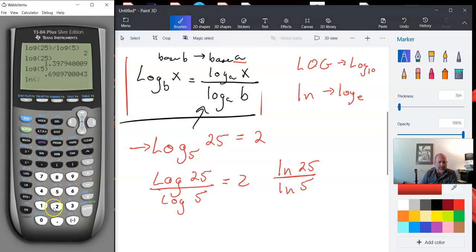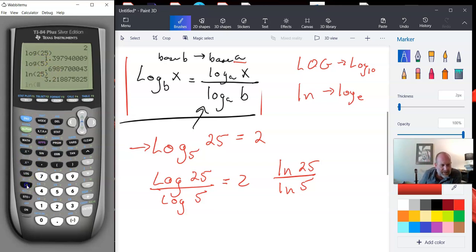So I just want to point out before I do the full computation, the natural log of 25 is also an irrational number, but it's not the same number as the last time, right? The log of 25 is 1.397 dot, dot, dot, dot. The natural log of 25 is 3.2188 dot, dot, dot, keep going with that. So these are actually vastly different numbers, but we still get the same answer at the end.